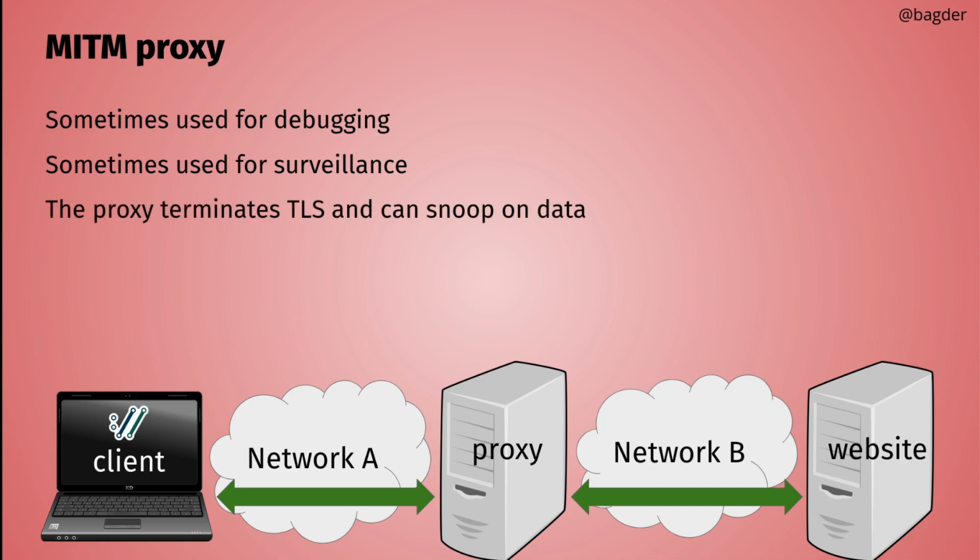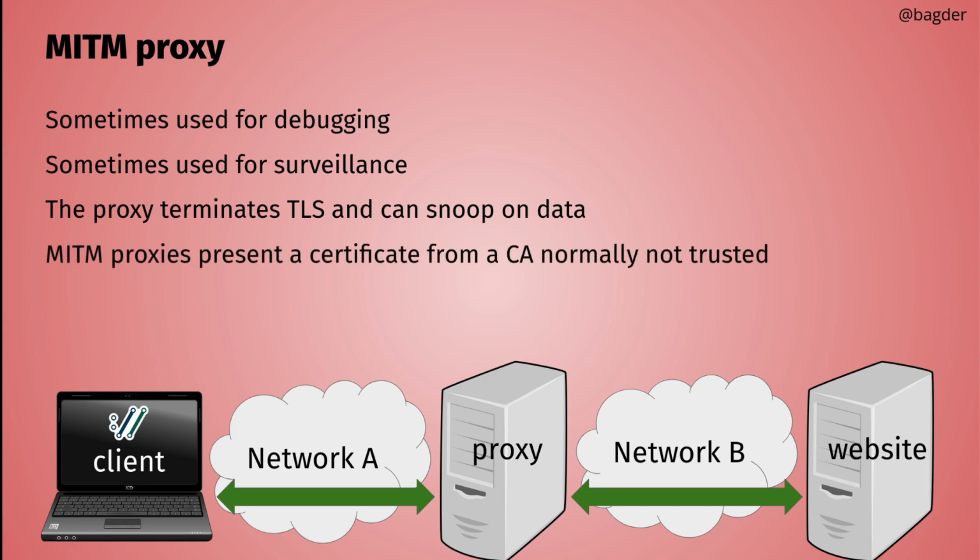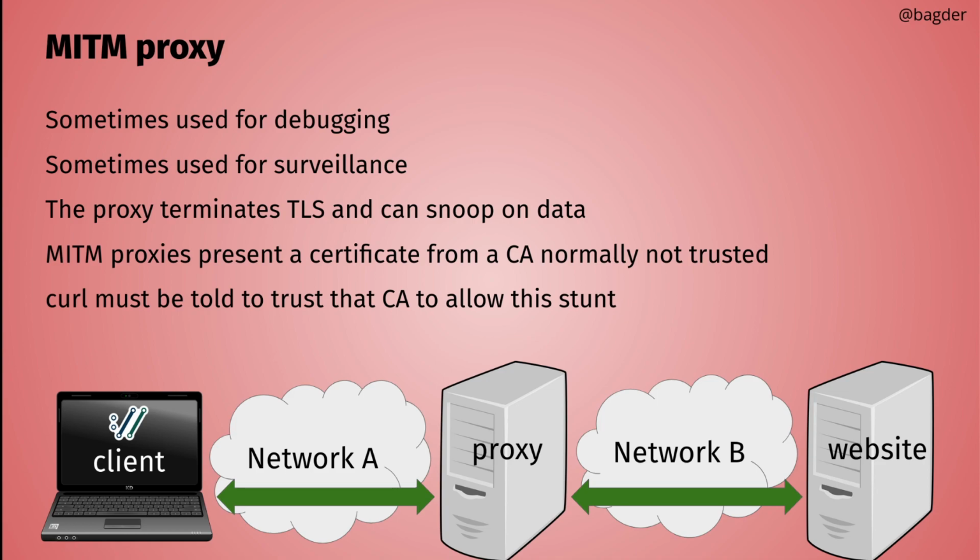But the good part with using TLS all the time is that you will notice, because they cannot do that without permission. The only way to make that work is that the client needs to permit it by saying that the CA that sits in the proxy is okay, it's trusted. Normally it's not going to be trusted, so normally those connections are going to fail.